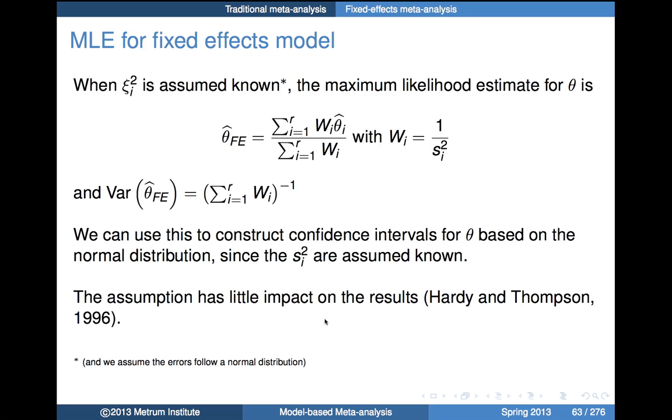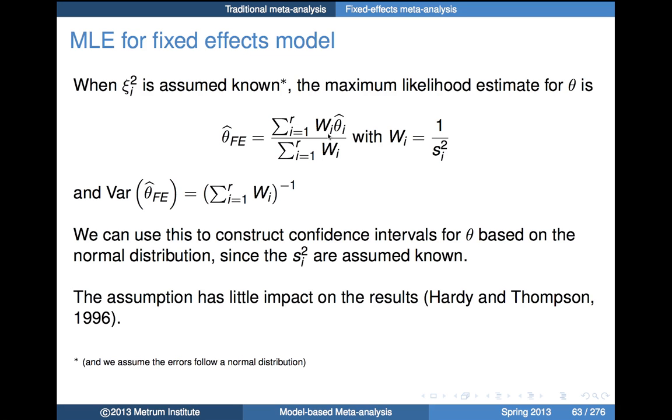It turns out that if the variance of the theta hats is known, and if it follows a normal distribution, then we can show that the maximum likelihood estimator for theta, which I'll denote theta hat FE for fixed effect, is equal to the sum of a weighting term, Wi, times theta hat i, that's our data, divided by the sum of the weights.